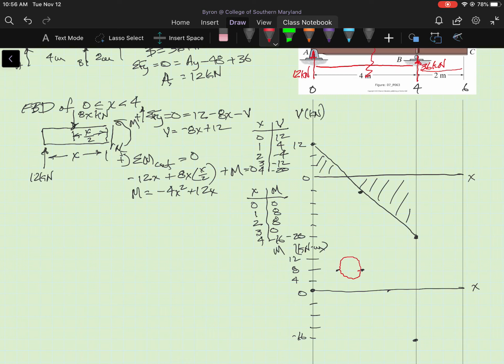And remember when we talked about the relation between shear and moment, we said that the slope of the moment diagram at any point x is equal to the shear at that point. Well, at the max of a parabola, the slope is 0, at the max or the min.